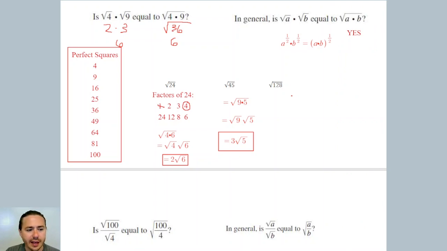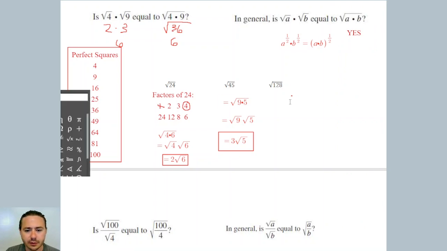So let's rewrite this as the square root of 64 times 2, which is equal to the square root of 64 times the square root of 2.